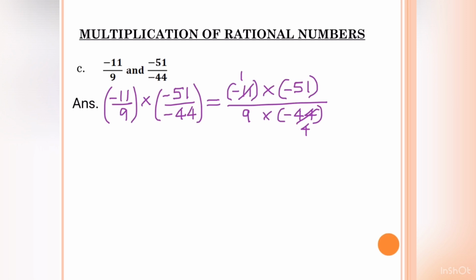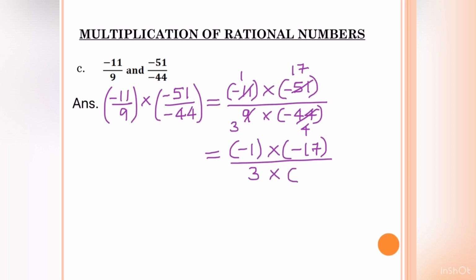And 51 and 9 have 3 as a common factor. So let's cancel it. 3 times 17 gives 51. 3 times 3 gives 9. We don't find any more common factors. So this expression is equal to minus 1 times minus 17 by 3 times minus 4.